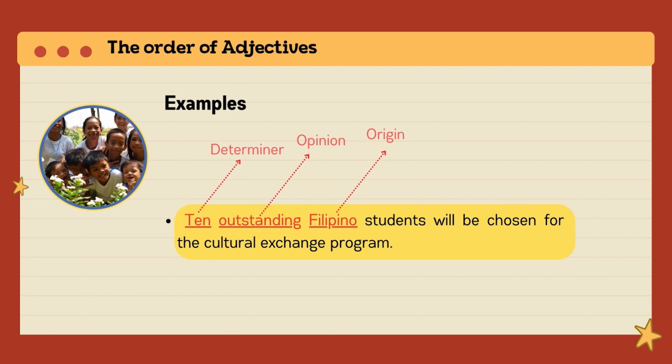Notice the order. The sentence followed Do Sas Comp. The adjectives that were used are D, determiner, O, opinion, and O, origin.